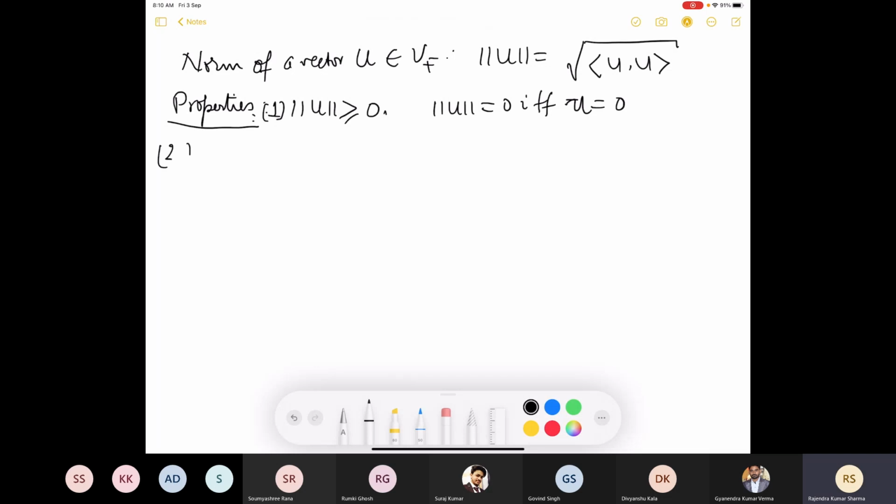Number 2, you can see that the norm of alpha U is the same as modulus alpha times norm U. Because alpha is a complex number, this is the modulus.